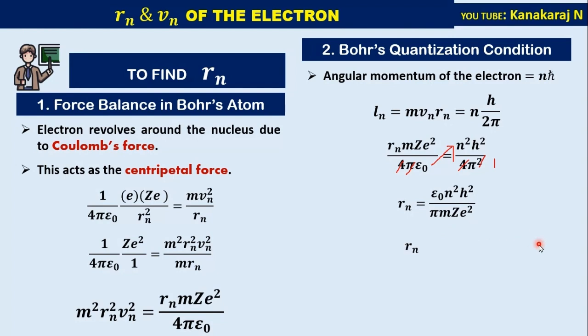So, Rn equals a naught times n squared divided by Z. The a naught is the combination of all constants like epsilon naught h squared divided by pi m e squared. The value of this a naught equals 0.529 Angstrom.